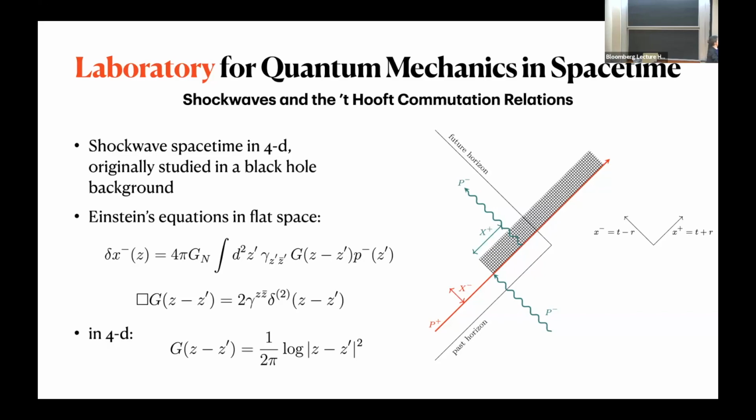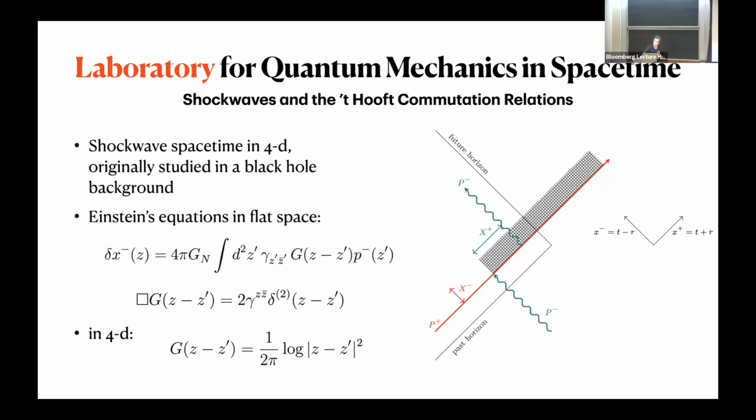And this is just an Einstein equation right here. It depends on a Green function of the transverse Laplacian, which in 4 dimensions, that Green function is just a logarithm. And then you have the metric sitting on the transverse directions, which are going to be called z and z bar. So this is just classical.